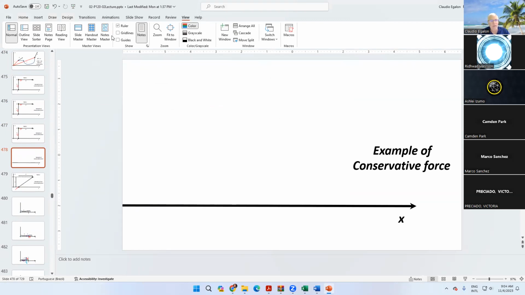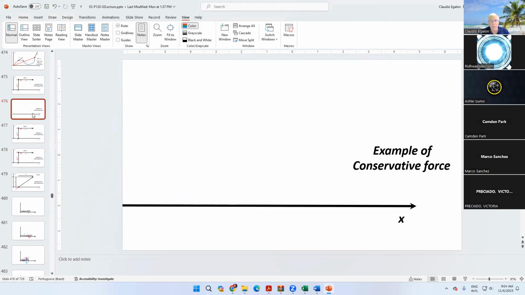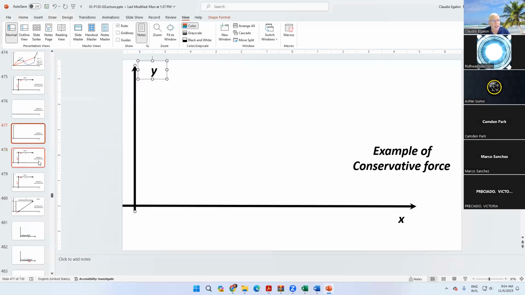Start with the x-axis. I'm going to prove to you that whatever path you take, the work done by this specific conservative force is going to be the same. Okay, so here you go, x-axis, y-axis, step by step.